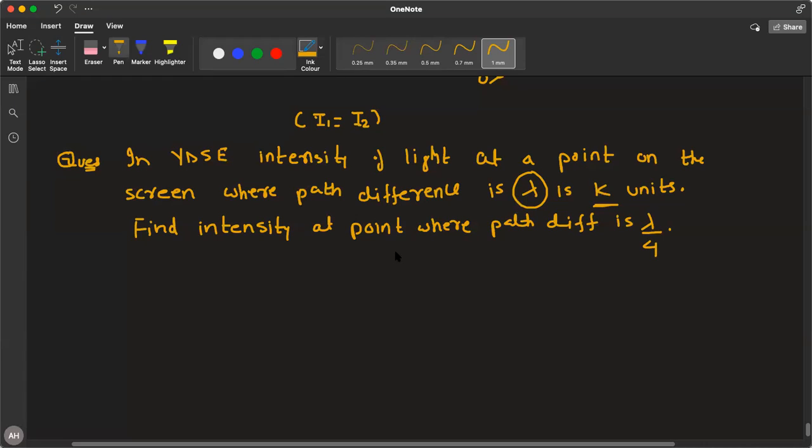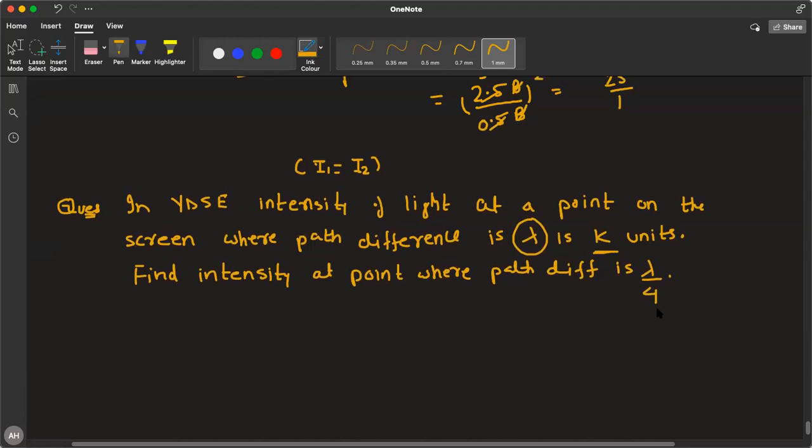Sir, for the resultant intensity, the phase difference will be the same. The path difference is lambda by 4. Yes, sir. Just one more minute.